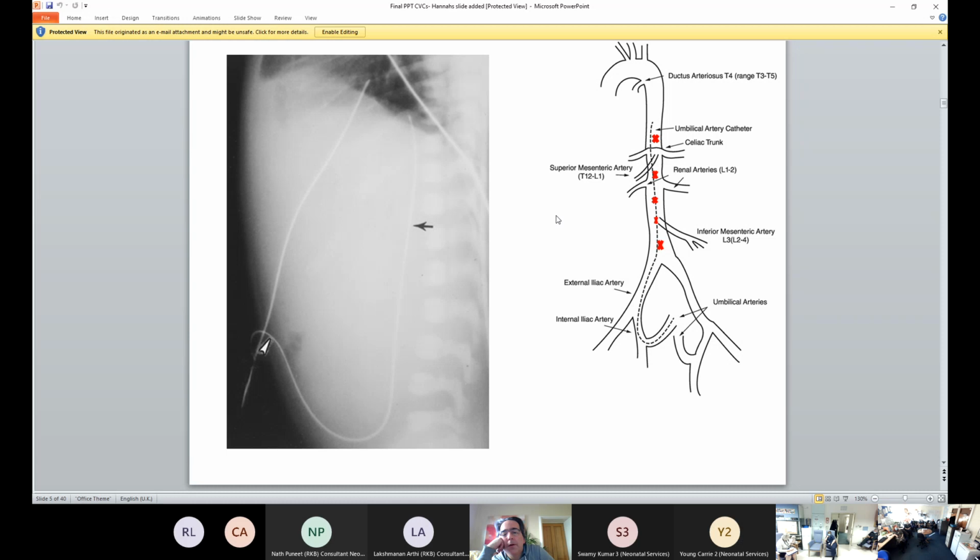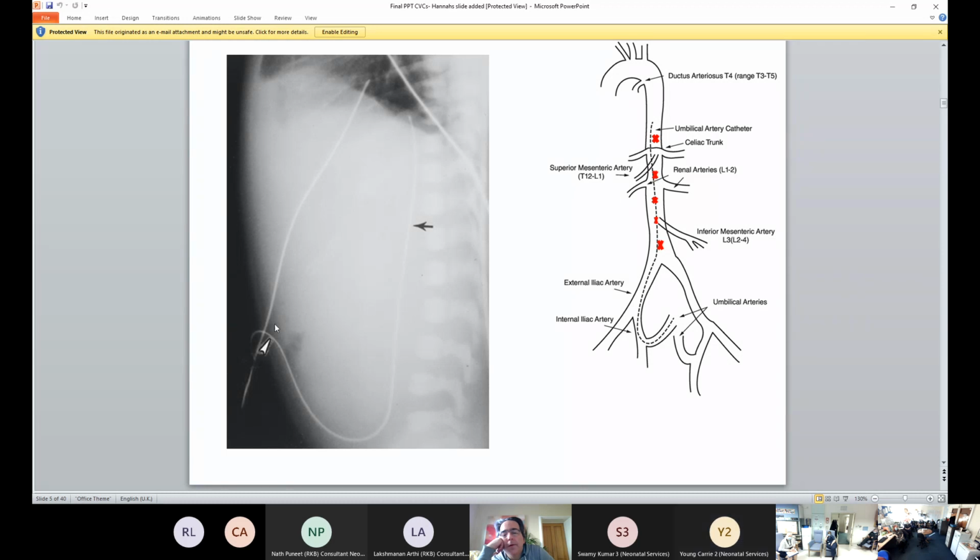So you would want the tip of the UAC to be either above this group or between those groups, so it doesn't interfere with the blood supply of the important structures.